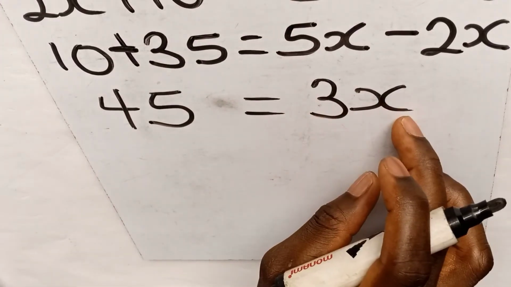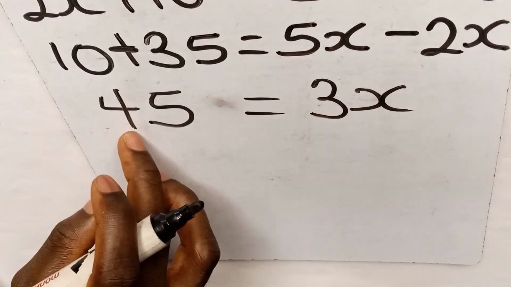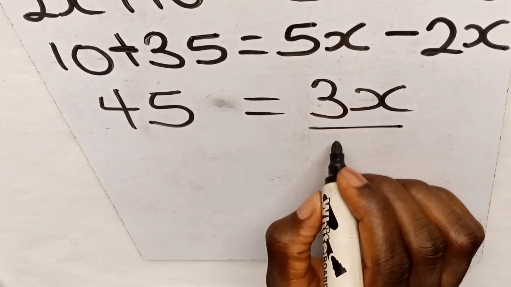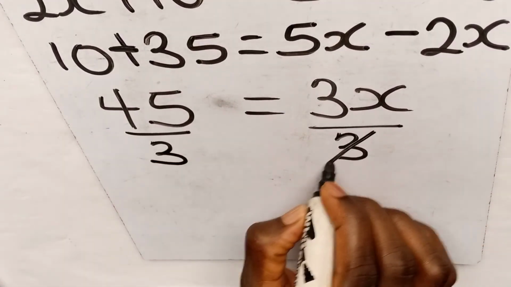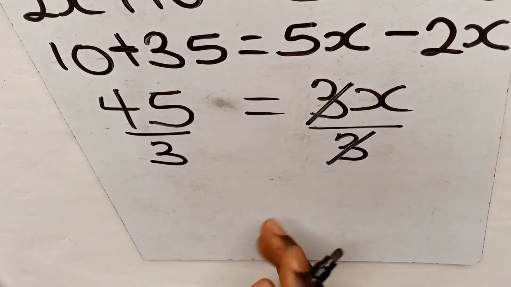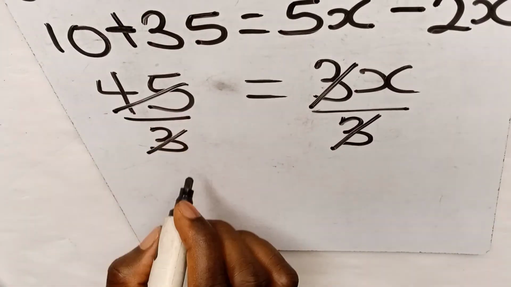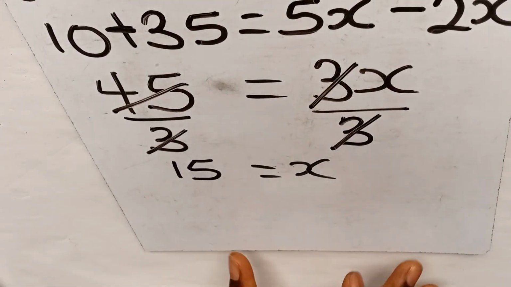We divide this by the coefficient of x, which is 3, and do the same thing to this side because it is an equation. So we divide both sides by the coefficient of x, which is 3. So 3 divided by 3 gives you 1. 1 multiply x gives us x. And then 45 divided by 3 gives you what? 15. So we have 15 equal to x.